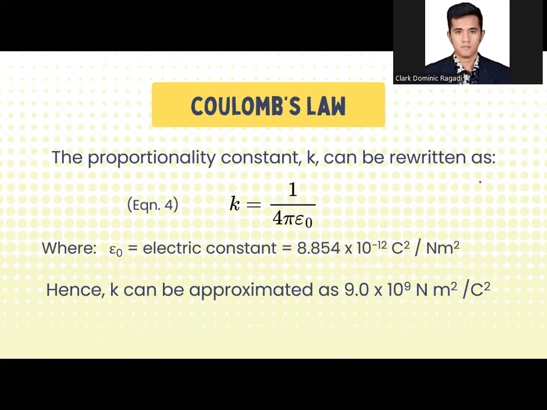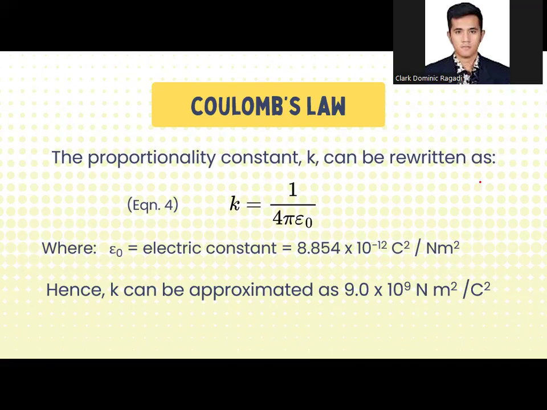Okay, so the proportionality constant, K, can be written as K equals 1 over 4 pi epsilon naught. Personally, I prefer to use this format because it introduces a lot more accuracy and precision in our calculations. If you have a Casio calculator, you can see the electric constant being the constant number 32.